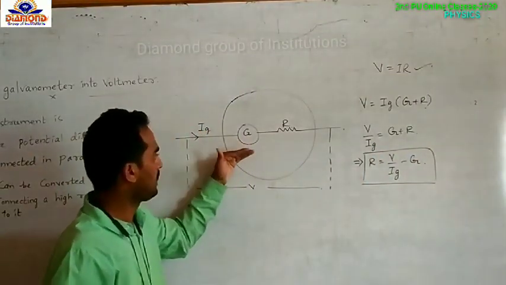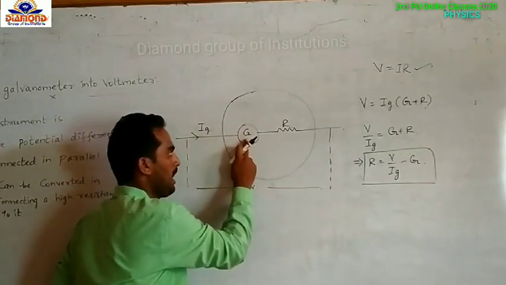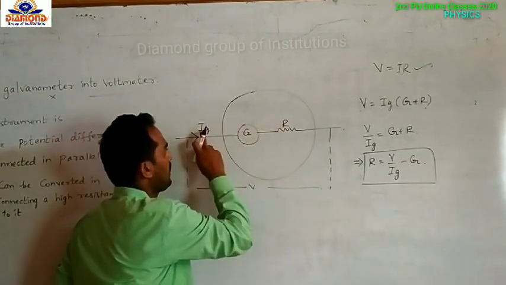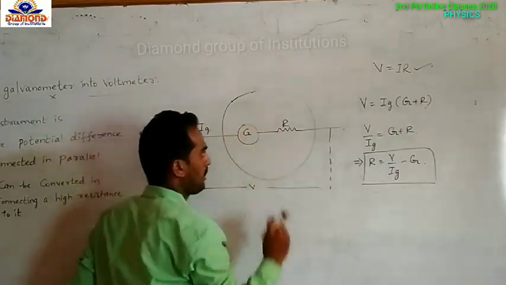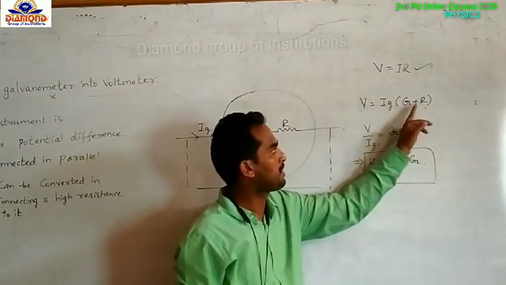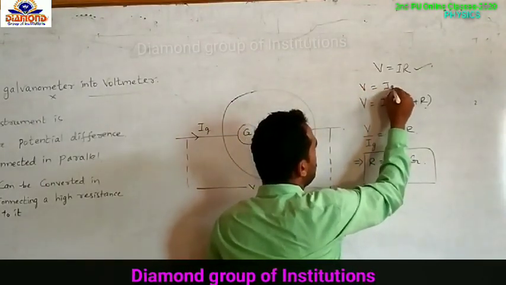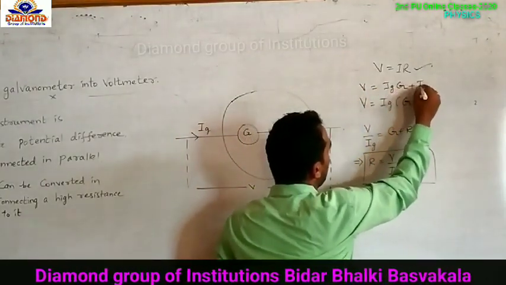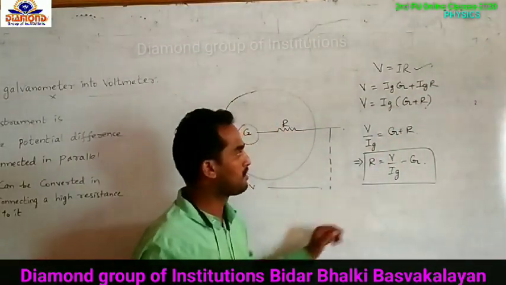And see here, the current passes through G as well as R, so that's why Ig into G plus Ig into R. We can write it directly by taking Ig common: Ig into (G plus R).